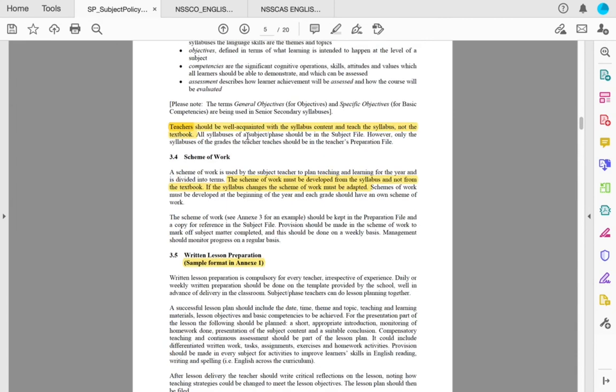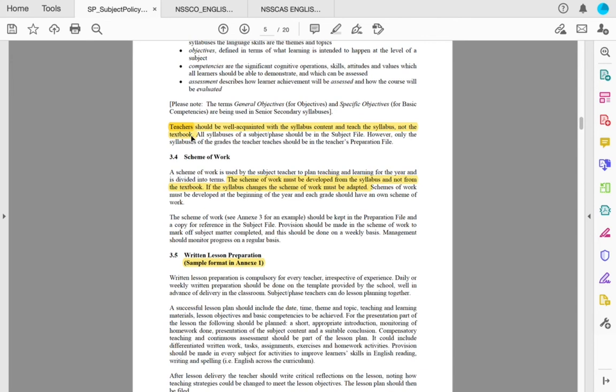As a language teacher, or whatever your other major is, you need to be familiar with the syllabus, because your teaching will be guided by the syllabus and not necessarily by the textbook, because we tend to also follow the textbook rather than the syllabus.